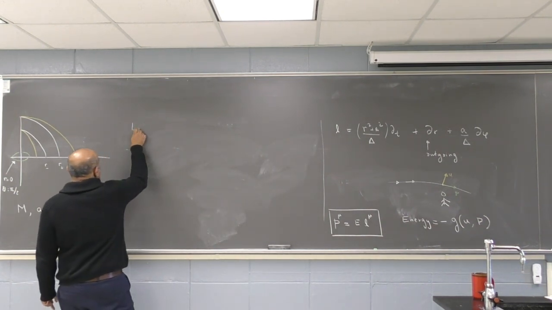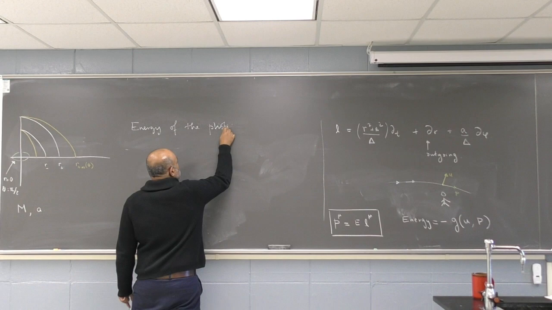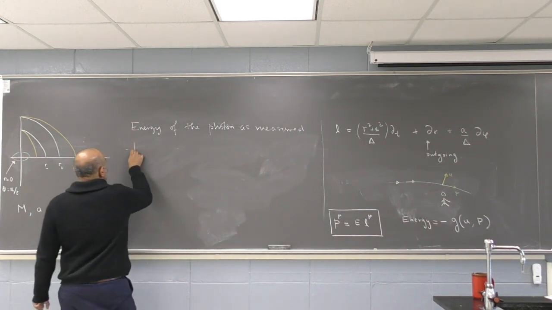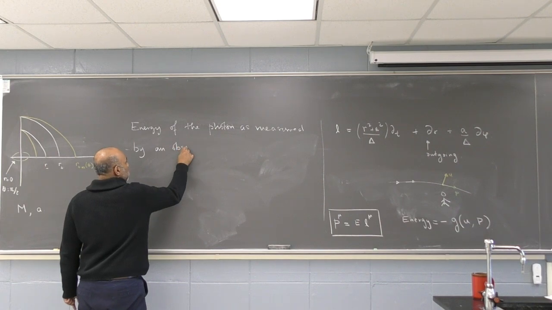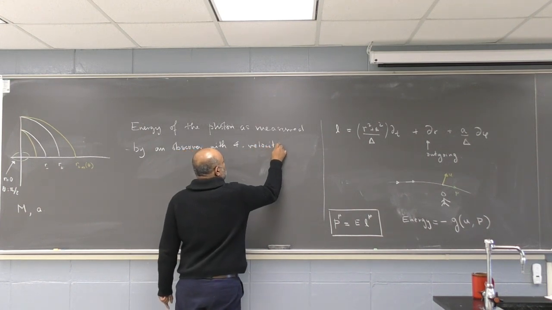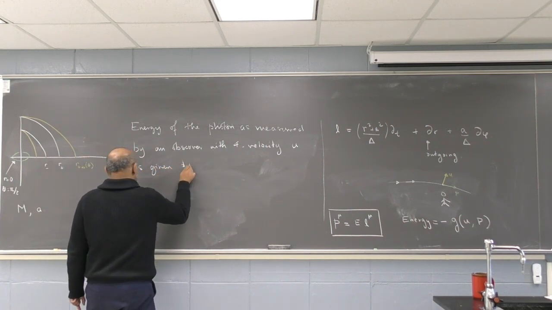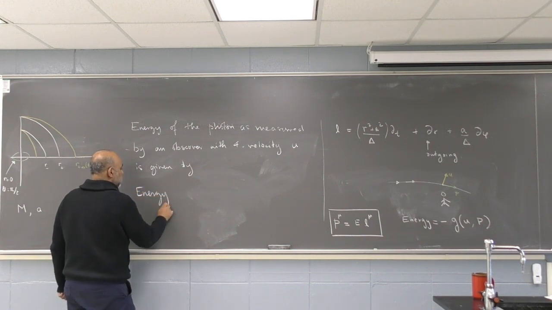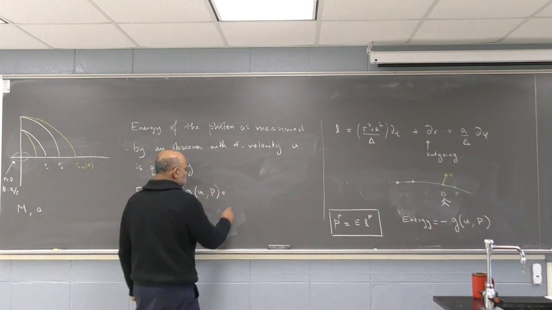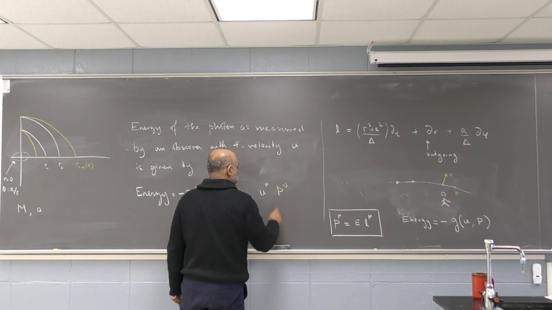So the energy of the photon as measured by an observer with 4 velocity u is given by energy equals minus g u p, or equivalently minus g mu nu u mu p nu.